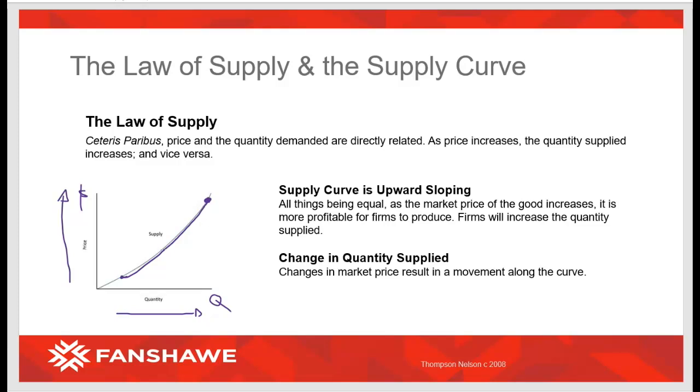We can just leave it there. But the law of supply will be also in effect, which means that as the price goes down, then the quantity supplied will go down with it, right? Price goes up, quantity supplied goes up. So you can see the pattern, right? These changes in price will cause movements along the supply curve.